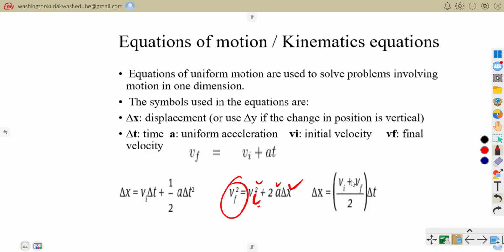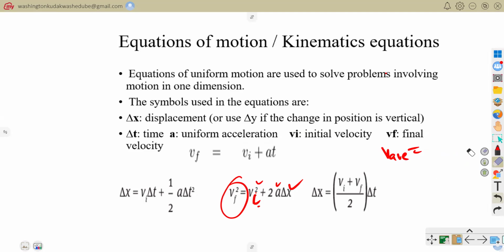And this is usually for average velocity, where we know that V average can be given by final velocity plus V initial over 2. Sorry, it's over 2 there, I'm just copying.